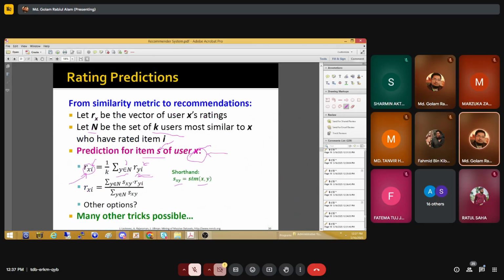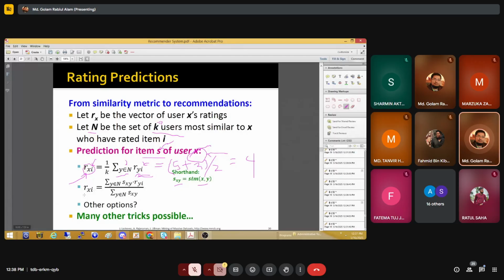In that case, the average rating will be 5 plus 3 divided by K, the value of K. We consider K equal to 2 here, so 5 plus 3 divided by 2 is 4.